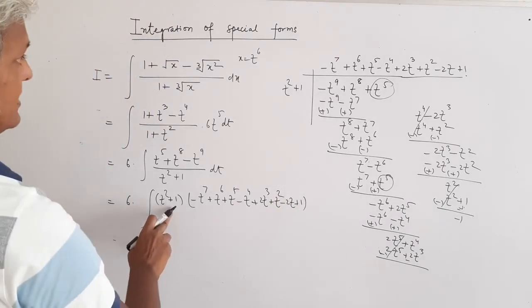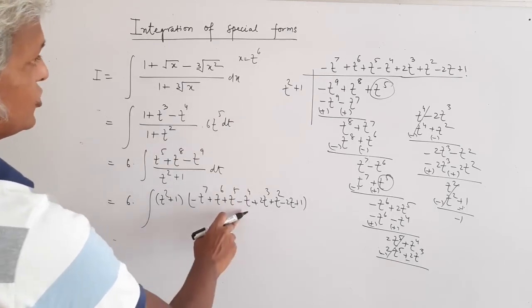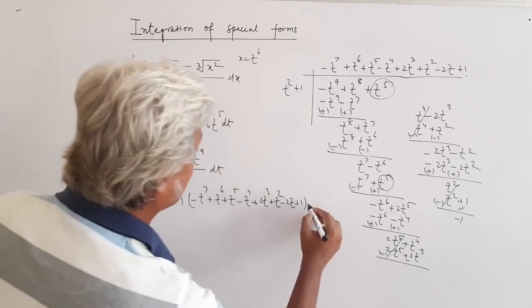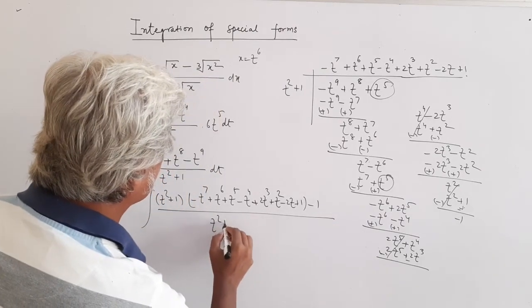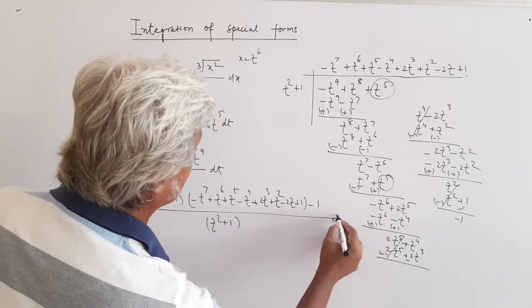Okay, so this is divisor into quotient, and the remainder is minus 1 upon t square plus 1, and this is your dt.